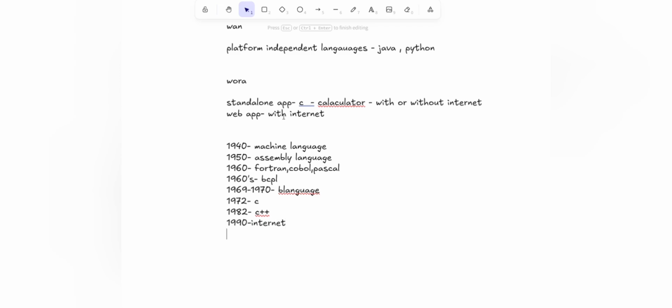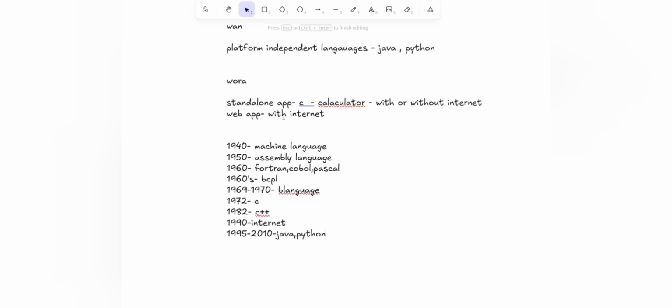After the internet, in 1995, the platform independent languages, Java and Python, were introduced. From 1995 to 2010, they became popular.